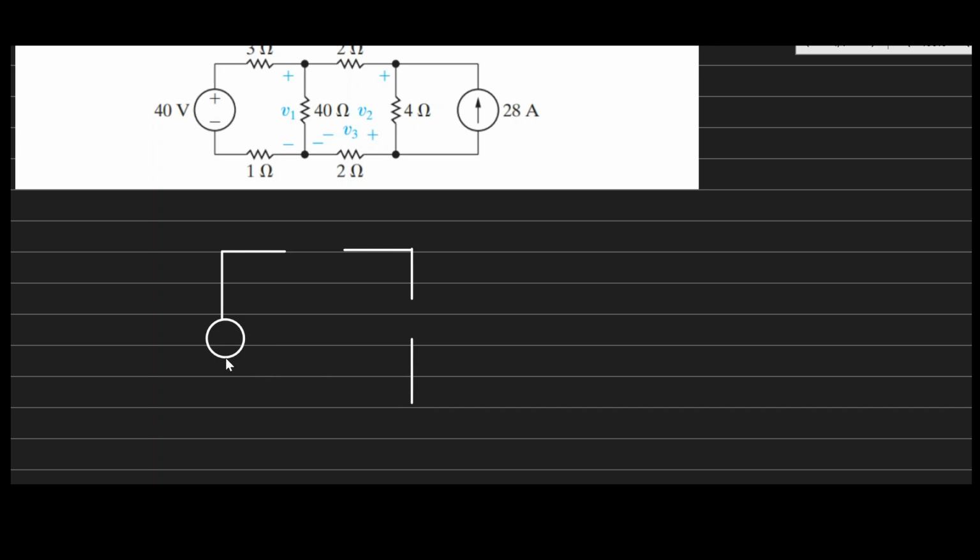Then here we have no resistor, because that 1 ohm combines with the 3 ohm to form one resistor. Here there's another resistor, and here again there's another resistor. And then here we have an independent current source.